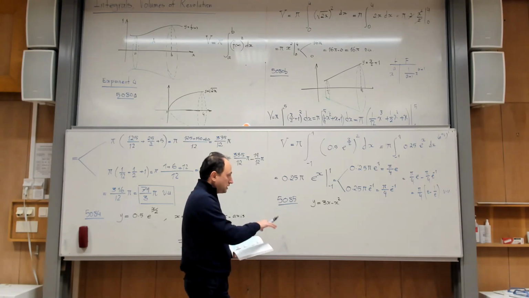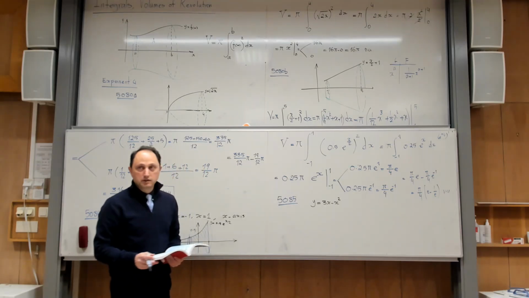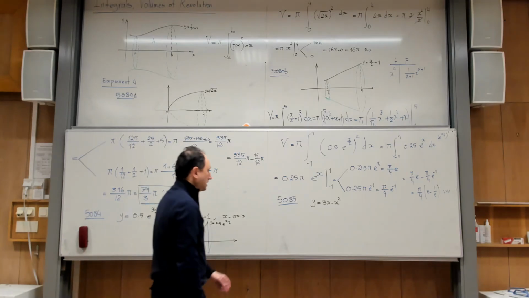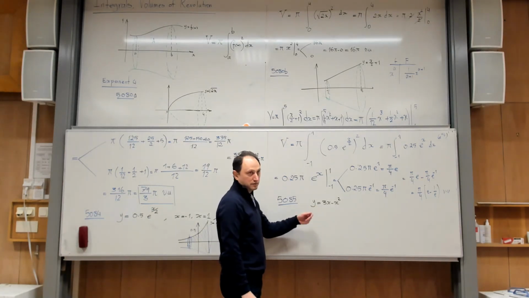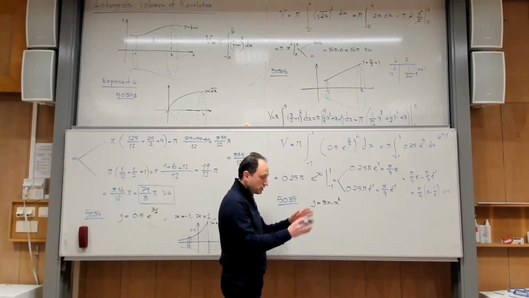We take that region, rotate it about the x-axis, and we make a volume out of it. Again, find the volume. Here they have mentioned that if you take this curve together with the x-axis, you will see that you will have one region.